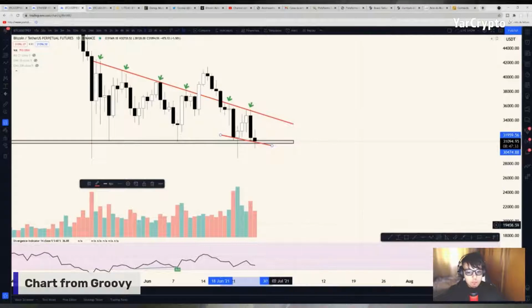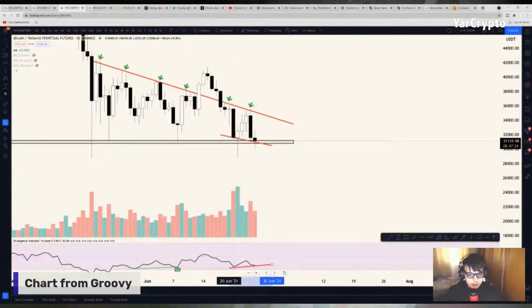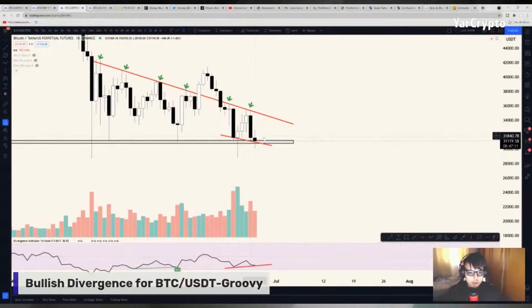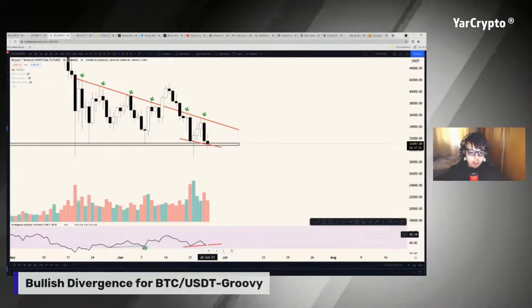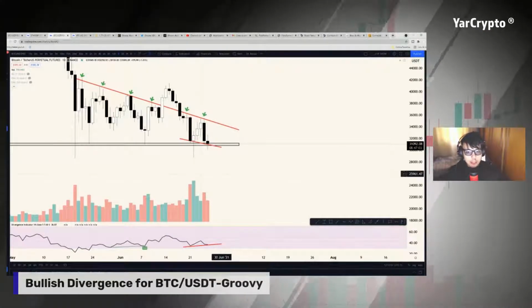But if you look at the RSI at the moment, we are making a slight higher low. This being on the daily is even more relevant than before. So this is a bullish thing: if we can hold this daily candle in this area, then we are probably going to bounce here because of the RSI and the strength actually increasing.